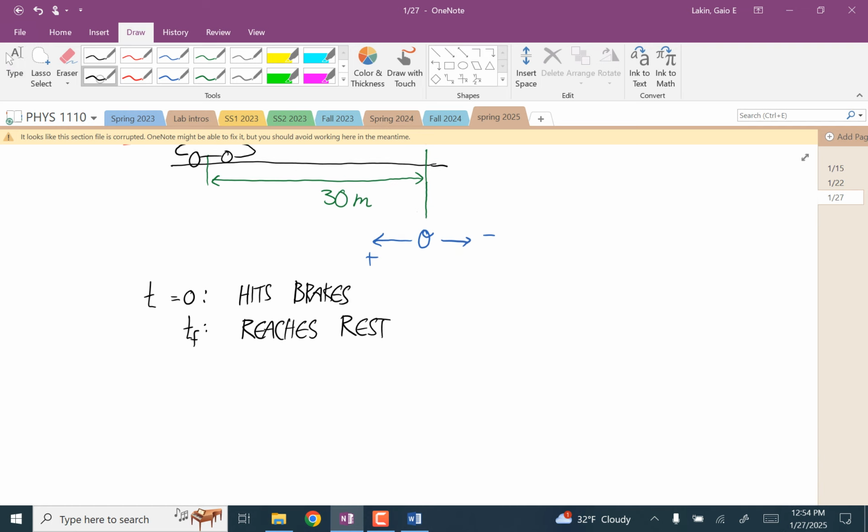And now we're going to list out what variables we know and what one variable we're trying to find. There are 6 total variables in the equations, and I always do them in the same order: time final, acceleration, P initial, P final, V initial, and V final.